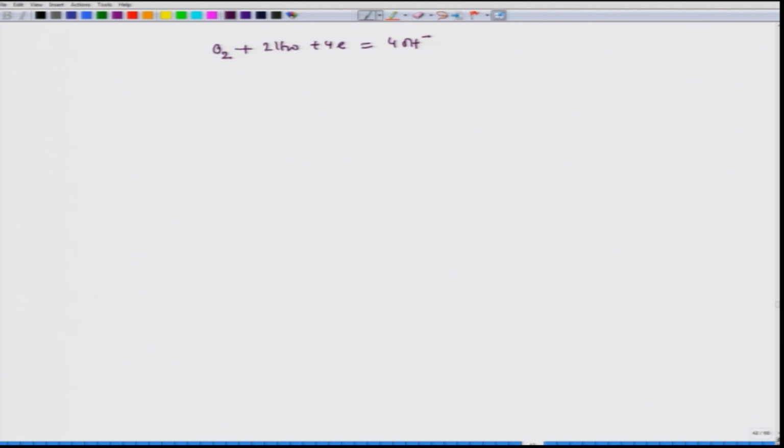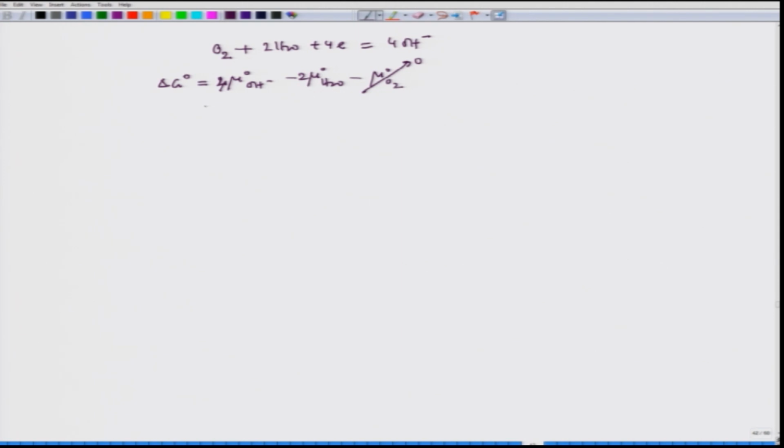Here also we can calculate delta G0 equal to 4 mu 0 OH minus minus mu 0 O2. This is 0 as per our convention, because at standard state the chemical potential of pure oxygen is 0.